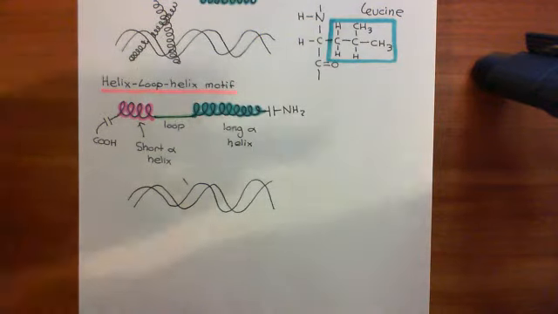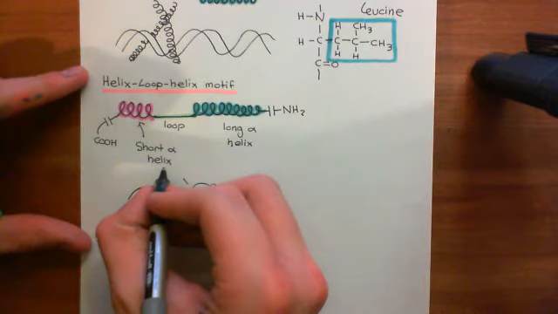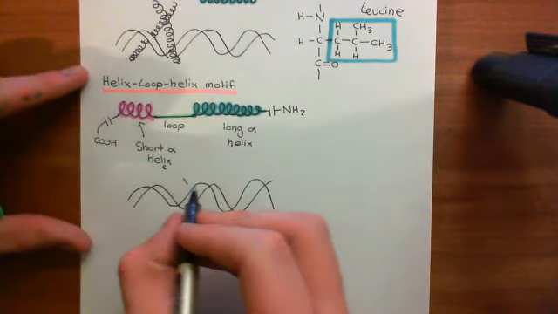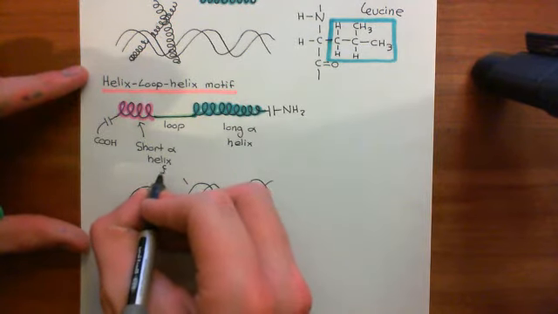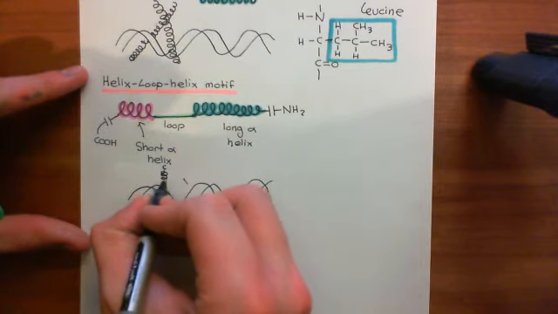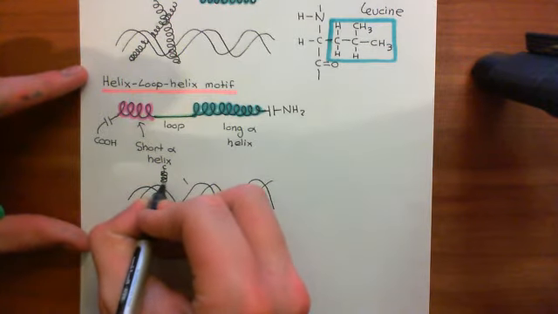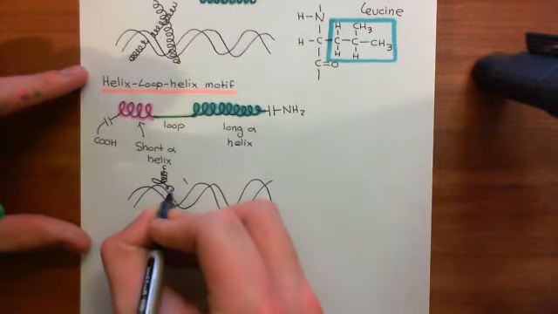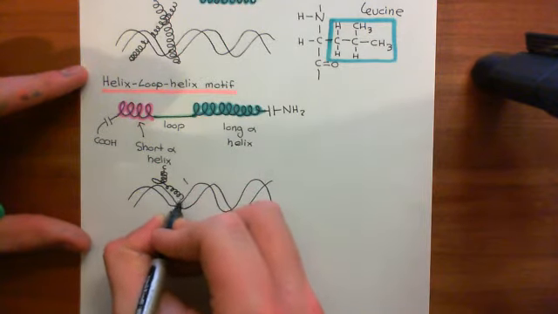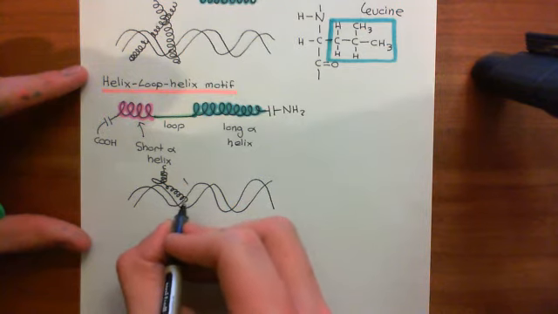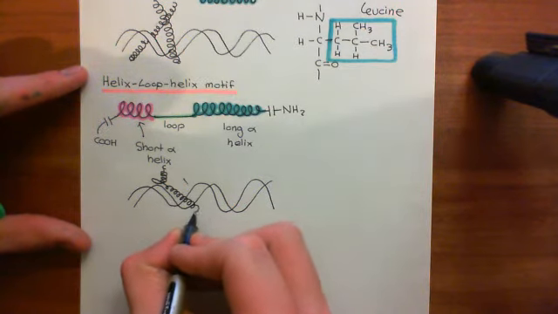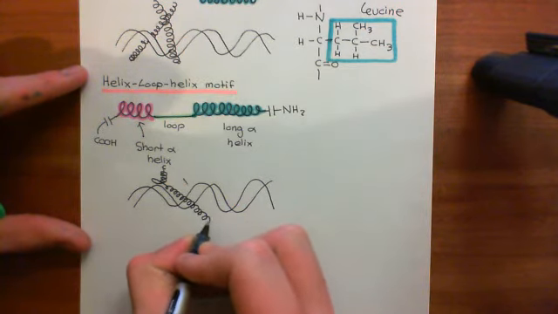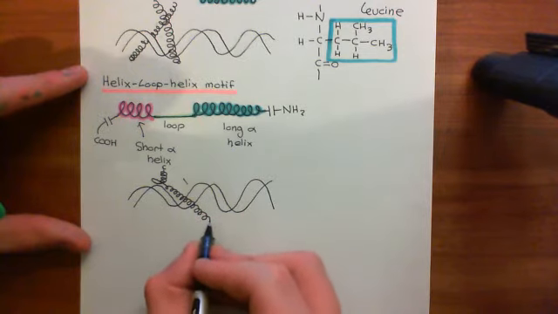Okay, so what we're then going to have is the C-terminus of our helix-loop-helix motif here. We'll have the short alpha helix here. We then have the loop here. I don't know why I'm calling it a looper. I'm mixing loop and linker together. Okay, and this is then going to come in front of that strand, which will hopefully give you a three-dimensional understanding of how this picture is working.